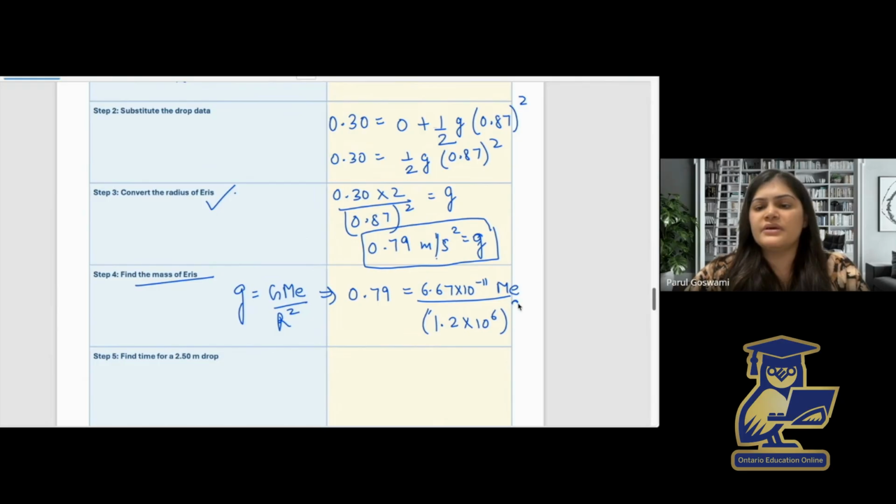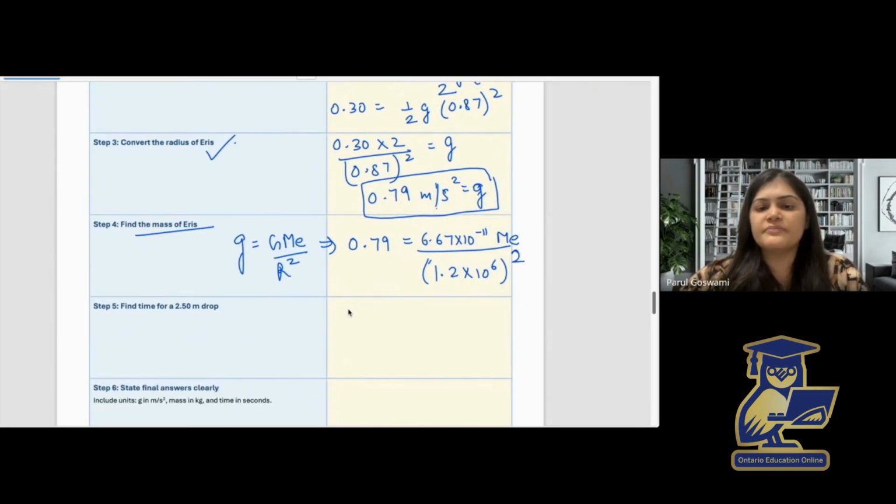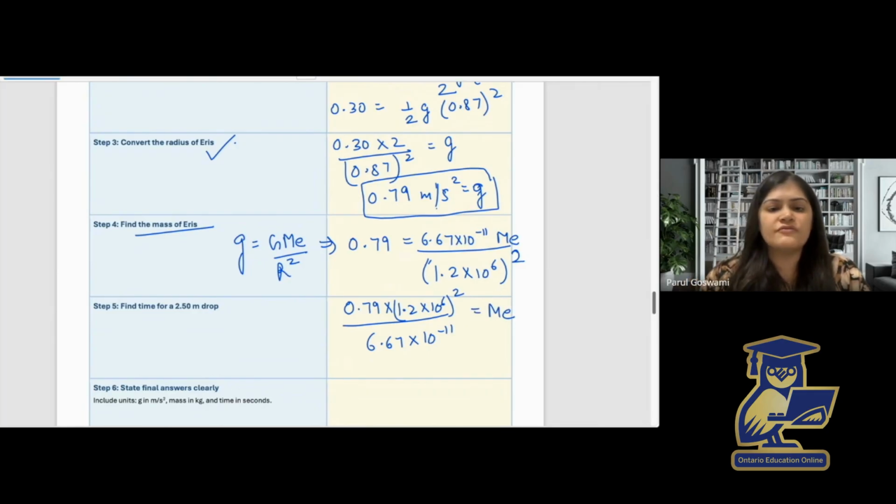Now again on rearranging, we will get the mass of Eris, which is M_E. So on rearranging, we will get 0.79 times 1.2 times 10 raised to the power 6 square divided by 6.67 times 10 raised to the power negative 11 equals M_E. This will give us the mass of Eris.